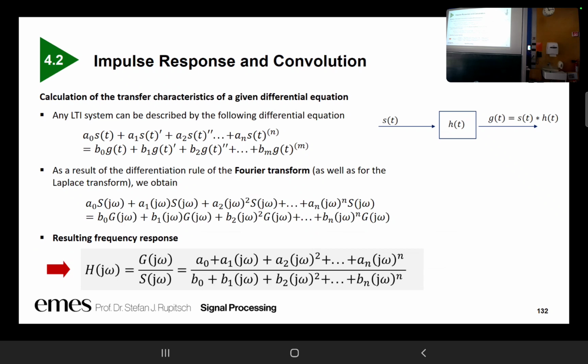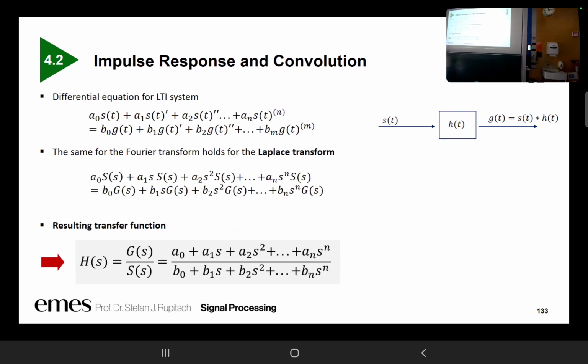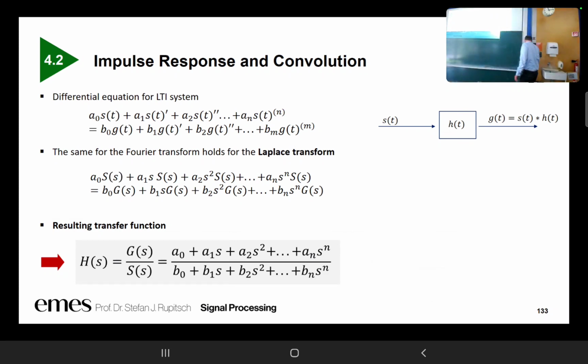This is now written for the Fourier transform. We can do the same for the Laplace transform. In case of the Laplace transform, s is used and s is equal to sigma plus j omega.